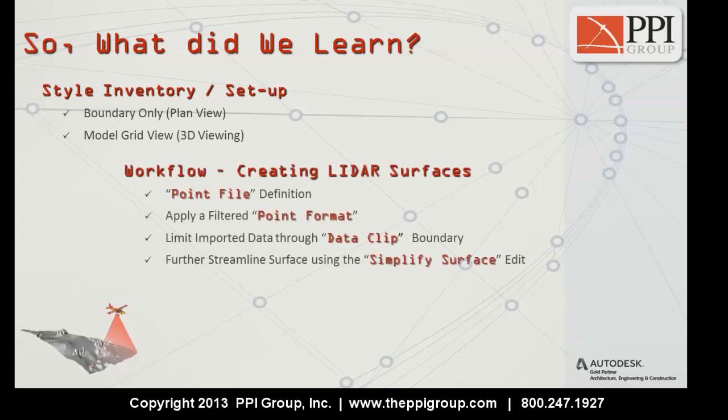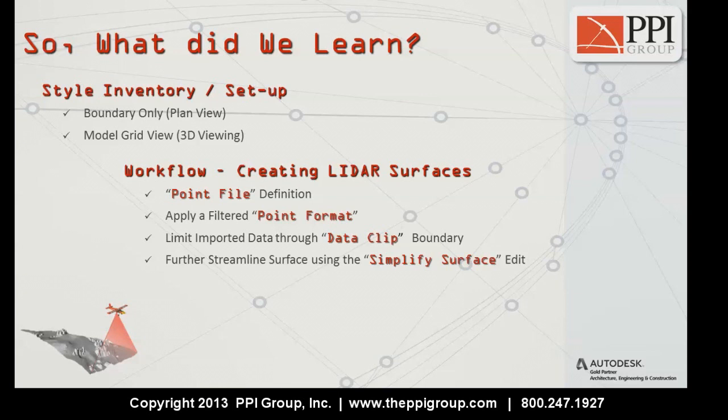And then we actually created our surface, and the workflow is we built that general surface first. Then we brought in the points through the point file definition under the surface. We then applied a point format to filter out several of those points.